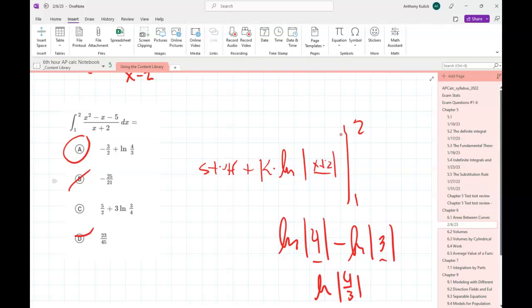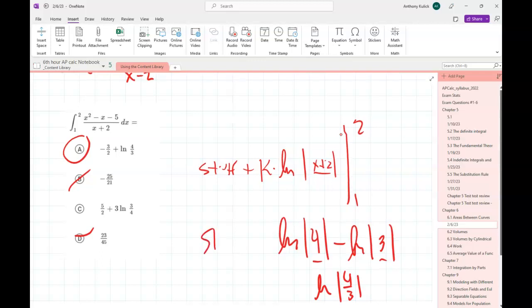Again, I didn't have enough time to do the whole problem. But if I know what the answer has to look like, there's places to trim some time. It's what we're showing you how to do here. Can you explain how you're going to have natural log minus natural log in that?